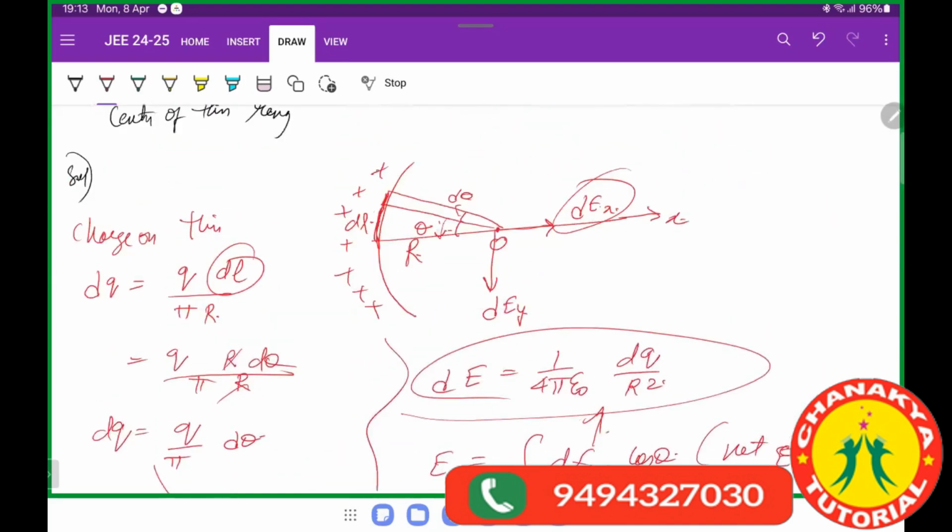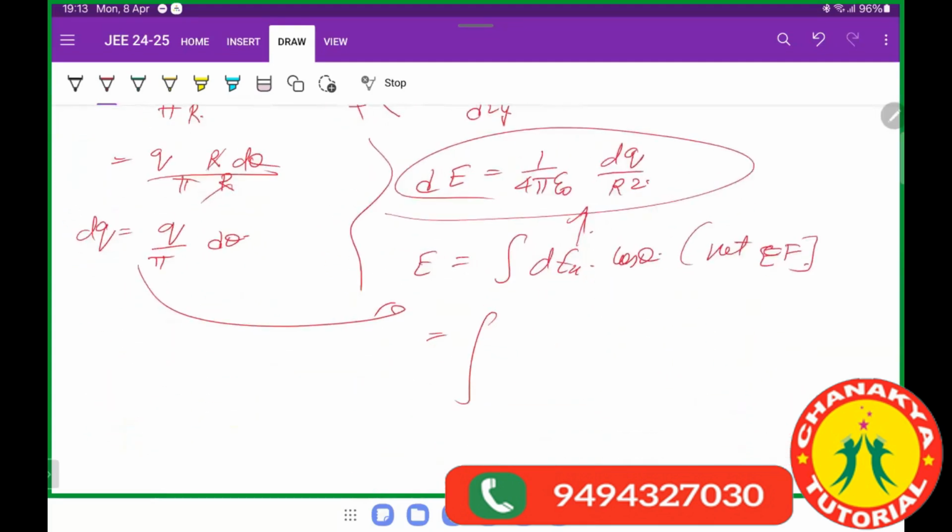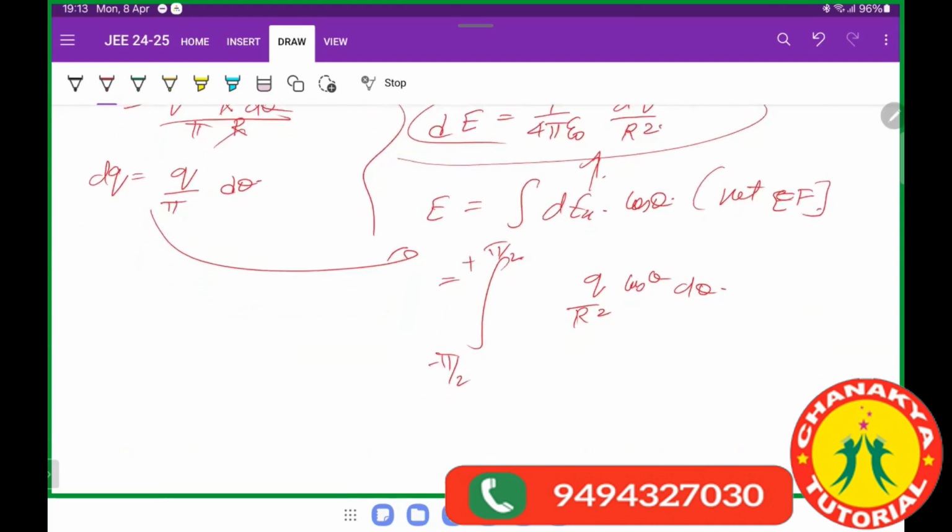When we are falling on the x-axis, it varies from minus to plus, so minus pi by 2 to plus pi by 2, because we need limits also. So I'm writing directly: it will become q cos theta by r square d theta. Yeah, we forgot pi also. Sorry, pi r square.